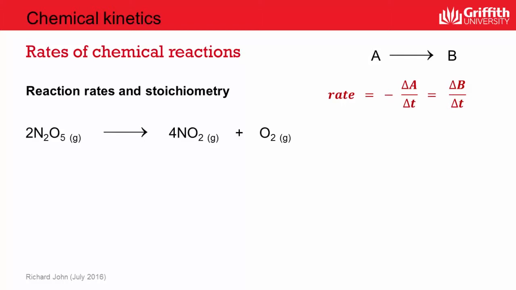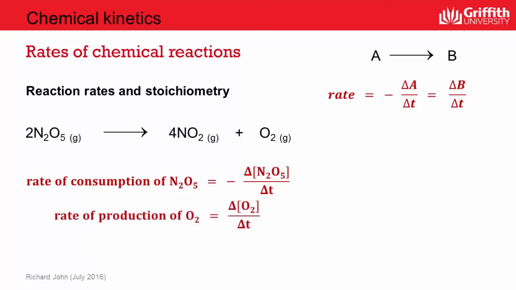For example, we've got here the decomposition reaction of dinitrogen pentoxide to produce nitrogen dioxide and elemental oxygen. And we can write valid expressions for the rate of this reaction by considering the consumption of the reactant N2O5, or by considering the rate of the production of one or more of the products.